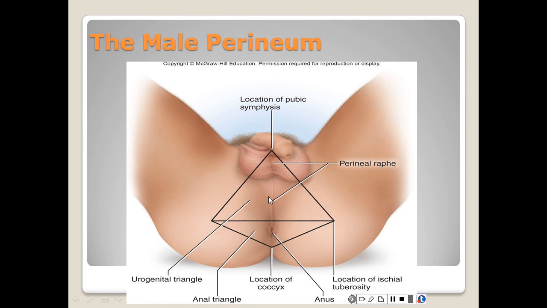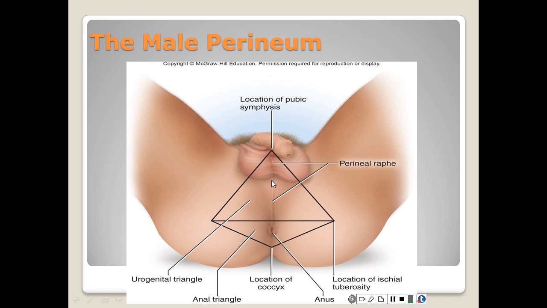Now the location of the septum has an external marking by the perineal raphe, which extends anteriorly along the ventral side of the penis, and then posteriorly as part of the margin of the anus.